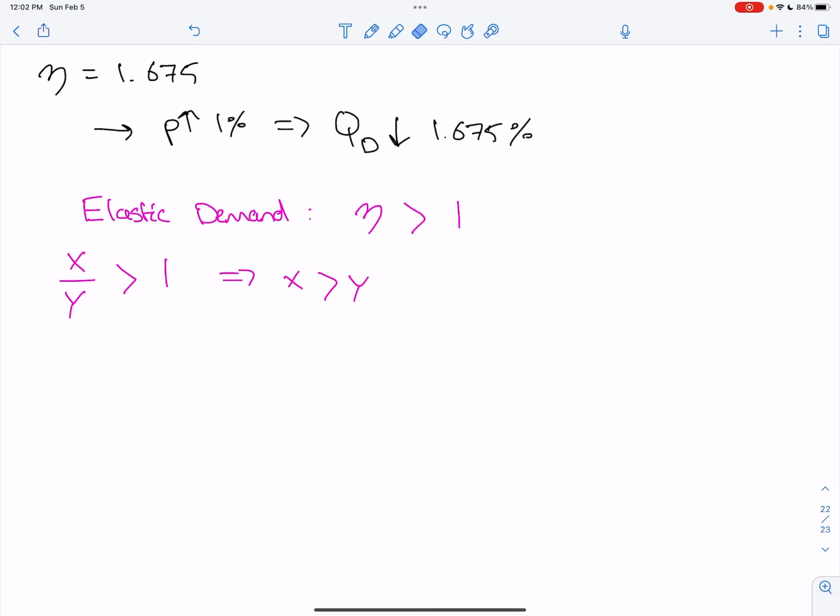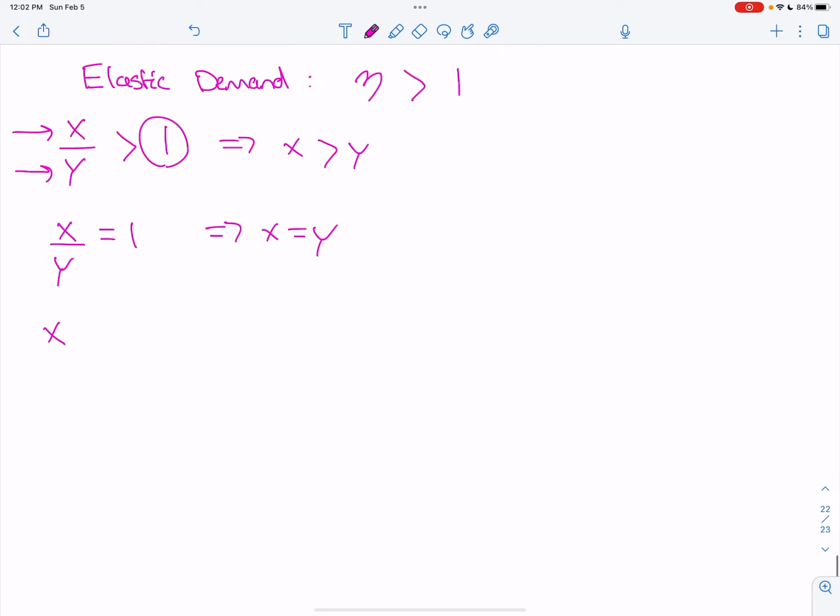If this top number is bigger than this bottom number, you're going to get a result that is greater than 1. Similarly, if you had x over y equal to 1, this would imply that x is equal to y. And finally, if x over y was less than 1, that would mean that this top number is smaller than this bottom number, so x is less than y.